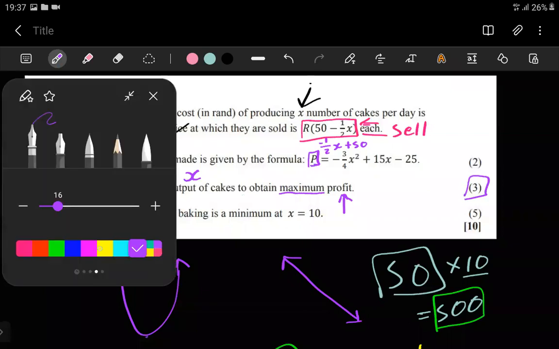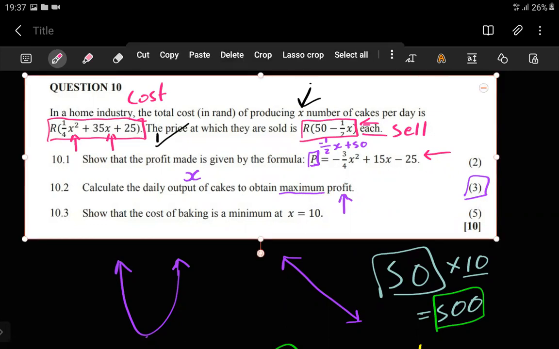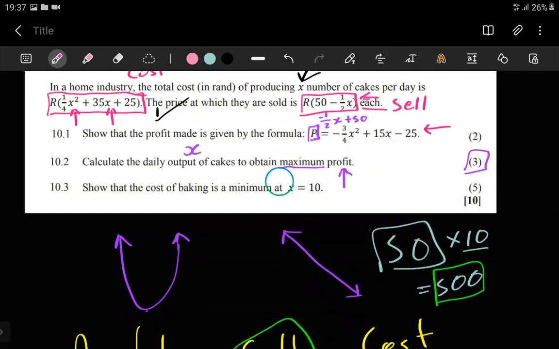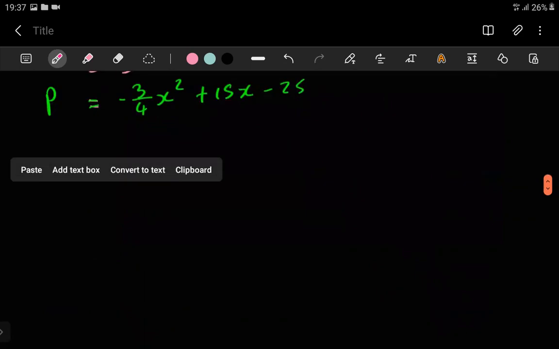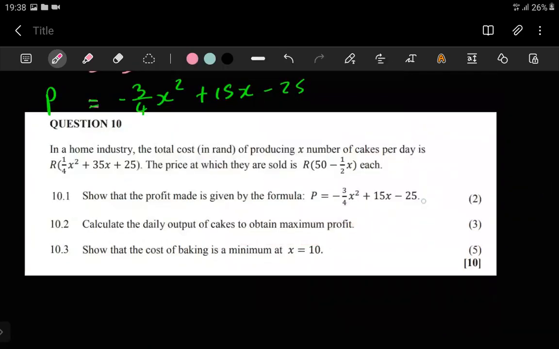So to link this up with functions and graphs and calculus and all that, what we know is, since they're talking about profit, what you want to think to yourself is, okay, fine, we have a profit equation. Now, this profit equation, remember, you always want to look at it in a very literal sense. When I say you want to look at it in a literal sense, I mean that the kind of equation we have here for P is a parabola.